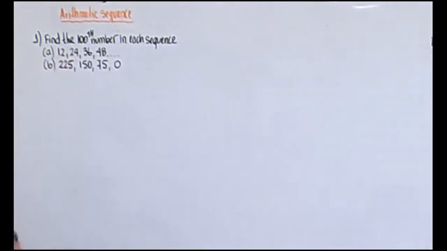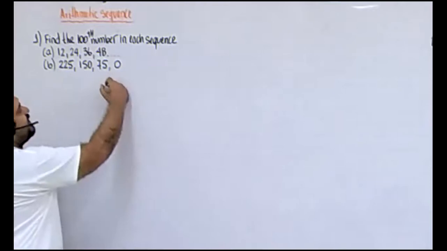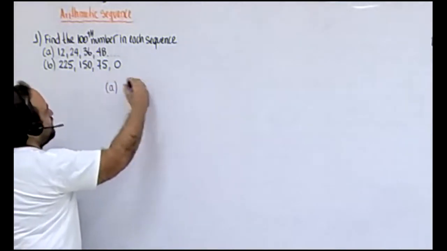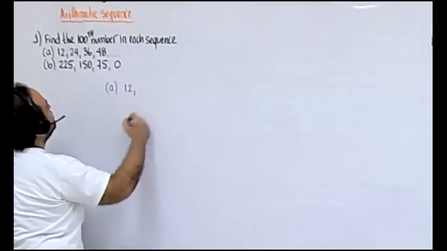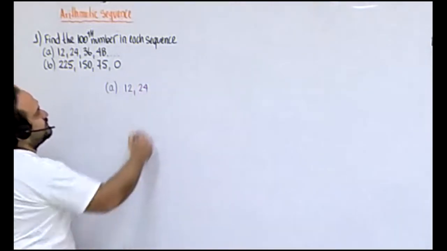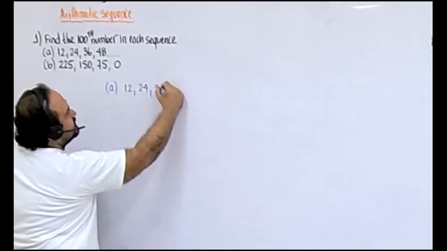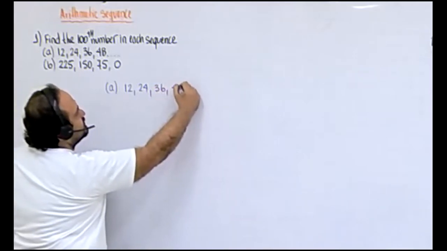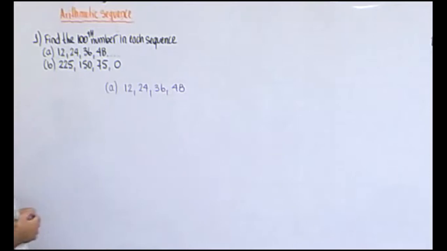For example, letter A. I think the best way to solve it is by multiplying 12 times 100. Exactly, this is one choice because every number has an increase of 12 units. And you're right, this is the easier way to do it.